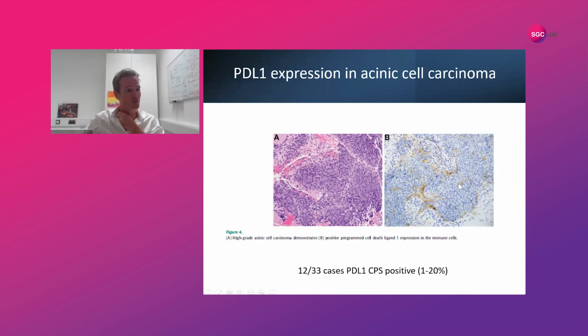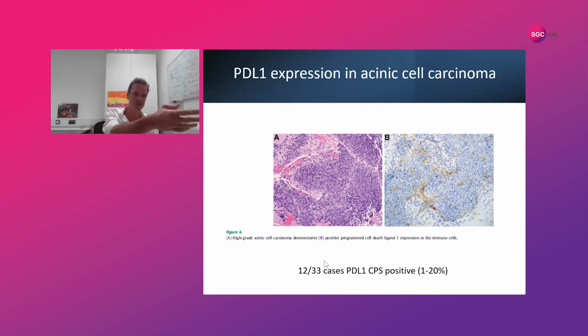You can see it all just looks like little splodges of brown, doesn't it? But pathologists will call cells as positive, and then they'll say what percentage of cells are positive. When 33 cases, a relatively small number of tumor samples, all of whom had acinic cell carcinoma, were looked at, around a third of them were PD-L1 positive by the standard criteria.